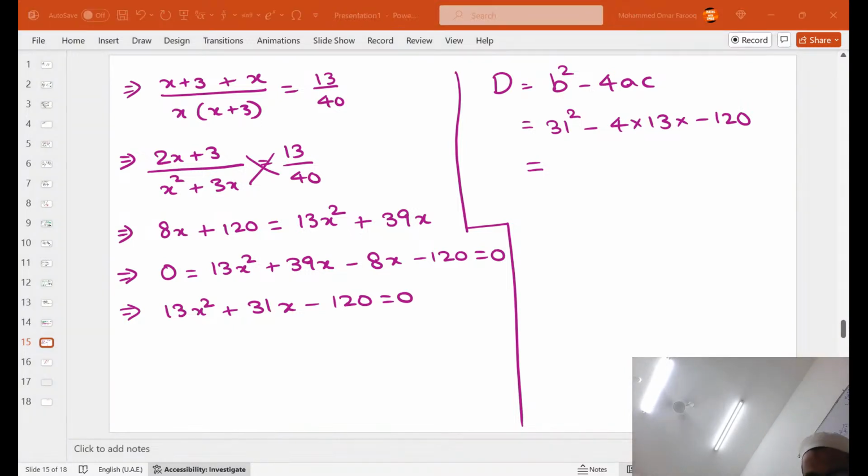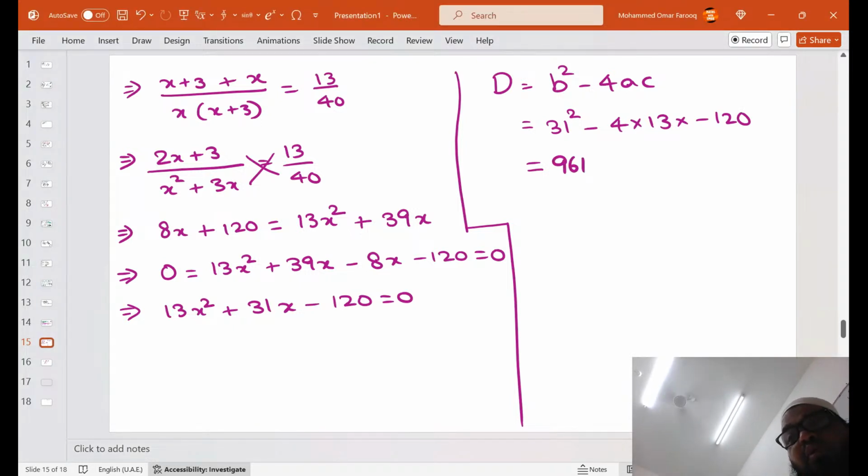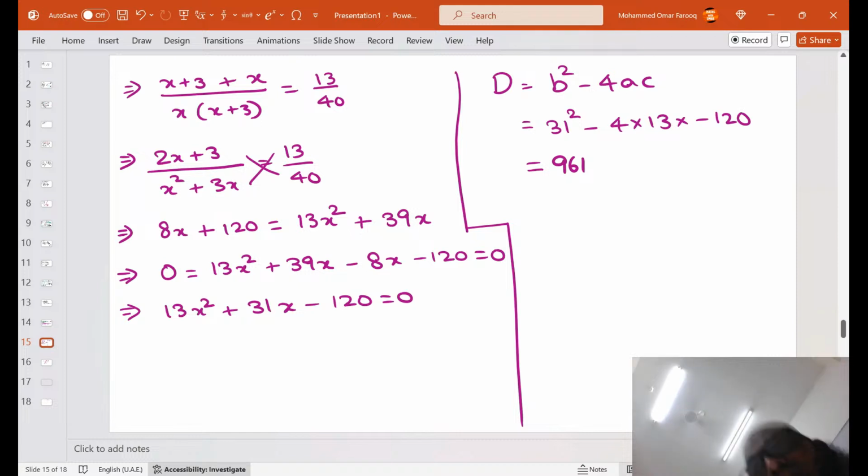Can anybody tell me what is 31 square? Is it 900? Where are the comments? Oh, 961. Thank you, now I can see.